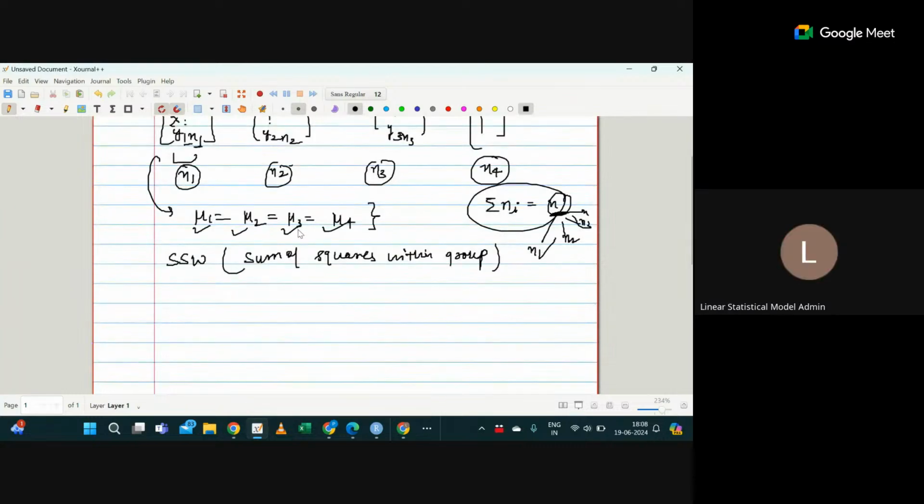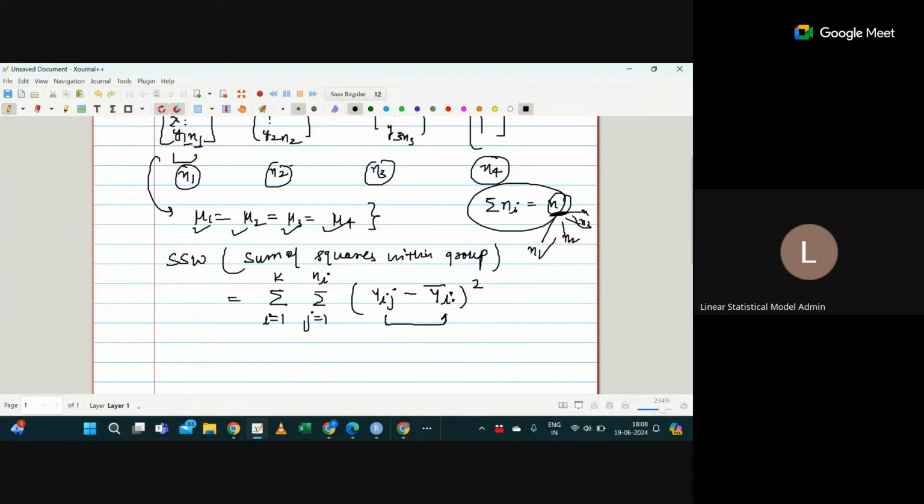Okay. So you will check the variations within that group. If you see the formula, normally we are writing the formula. Let's say I have k batches, and I will see the number of samples in each. So what I will see is yij minus y bar i dot, whole square.